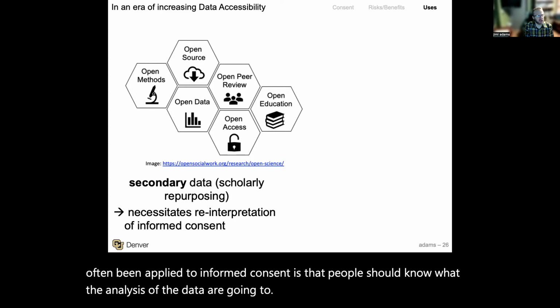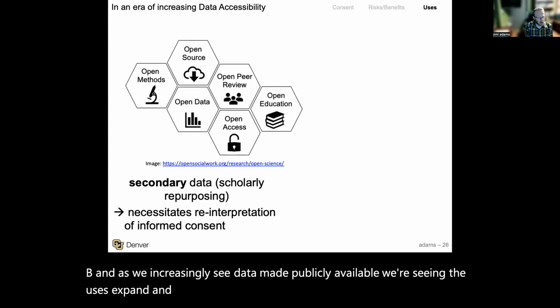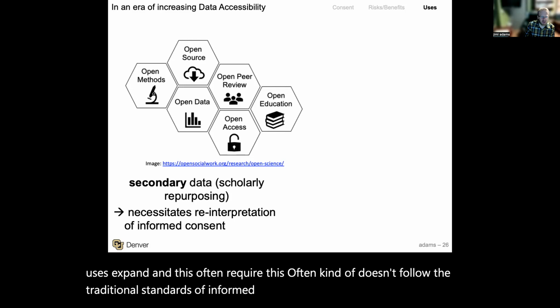And as we increasingly see data made publicly available, we're seeing the uses expand, and this often doesn't follow the traditional standards of informed consent. So something we need to reconsider.